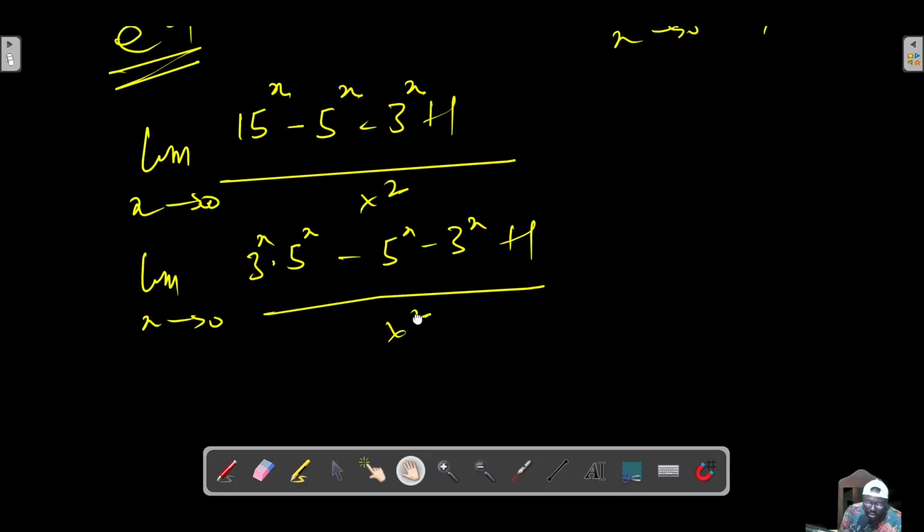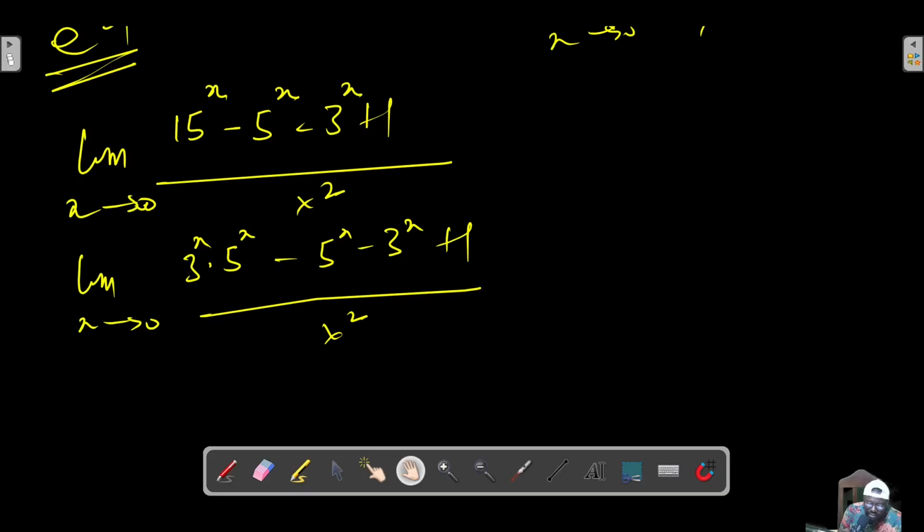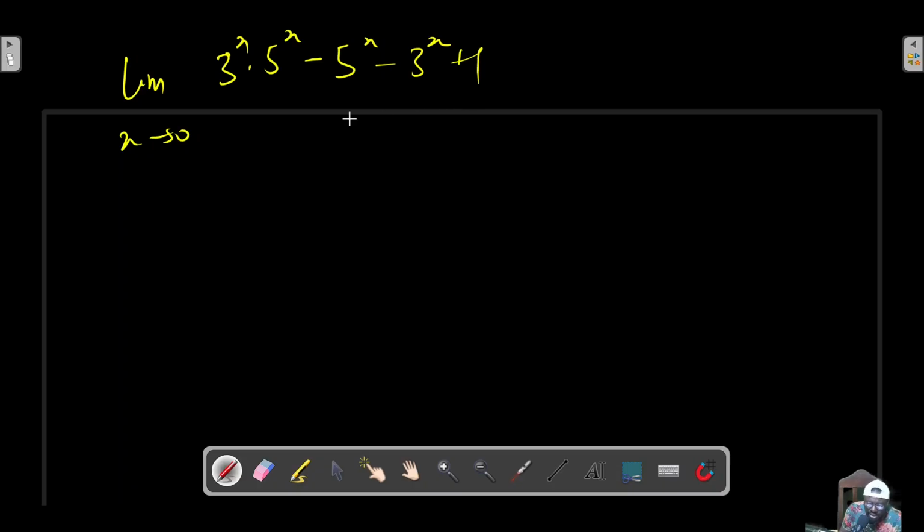Okay, let me go to the next page. So the limit as x approaches 0 of 3 raised to the power x times 5 raised to the power x, minus 5 raised to the power x, minus 3 raised to the power x plus 1, all on x squared.